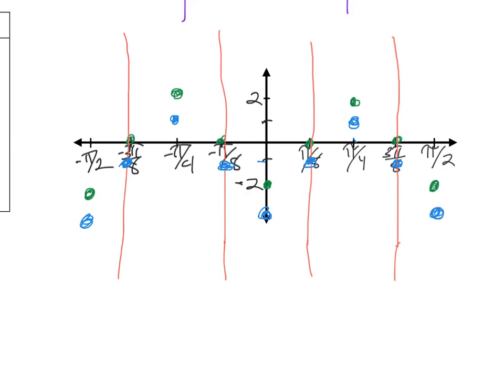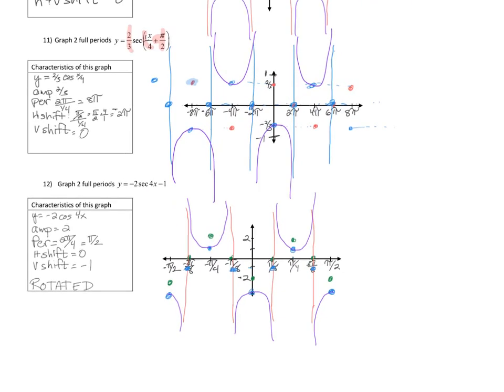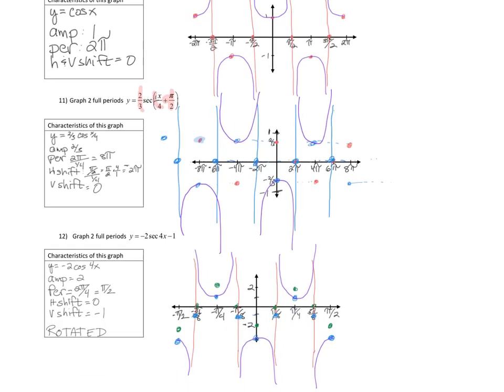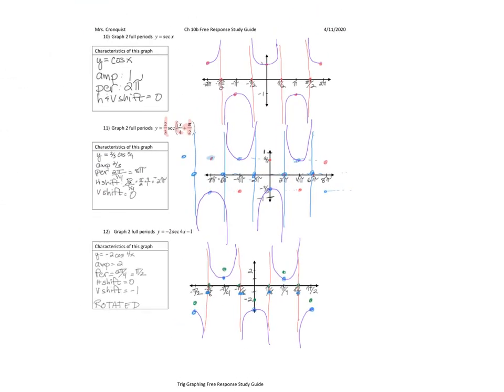All right, and now we draw in our graph using our blue dots. And there we go. So that's our secant function. Now we're going to move on to our tan and cotan, but please be careful when you're graphing these on the test.